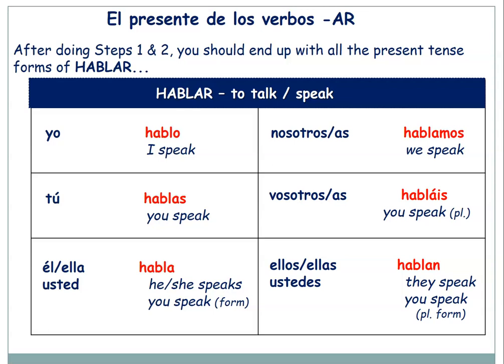Nosotros or nosotras hablamos, we speak. Vosotros o vosotras habláis, you speak in the plural. Remember, this is only used in Spain. Ellos, ellas, ustedes hablan. They speak, you speak, the plural form.